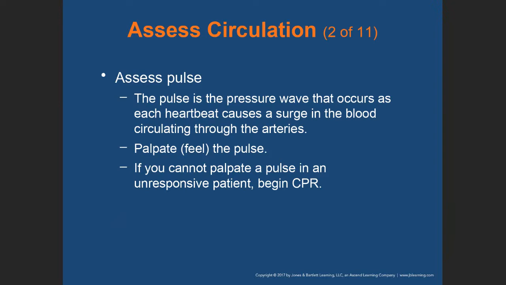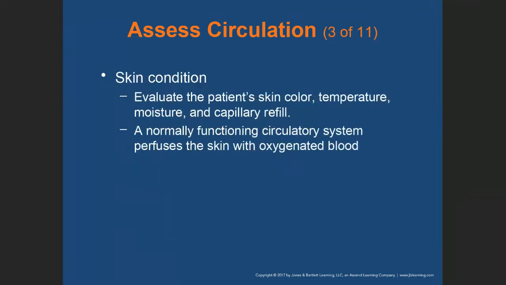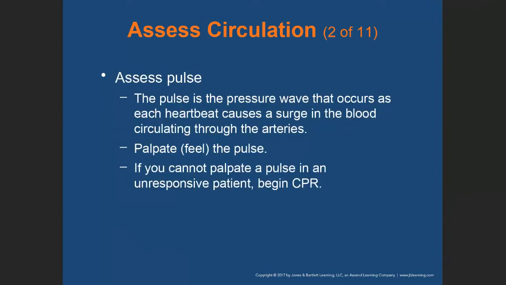Palpate, feel the pulse. If you cannot palpate a pulse in an unresponsive patient, CPR is needed, right? Now, before I go to skin condition, I'll talk about the pulse later on.